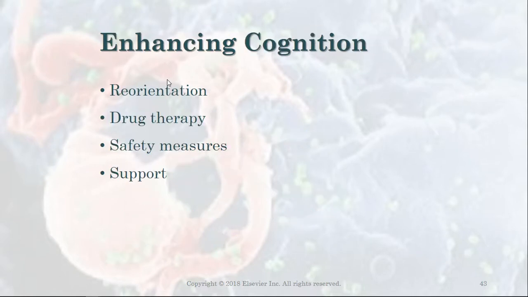To enhance their cognition, we want to reorient them to where they are and what's going on: person, place, time. We want to provide them drug therapy with antidepressants and psychotropics and anxiolytics if necessary. We want to provide safety measures, assist them with their ADLs, and if they are a fall risk, we want to provide fall precautions as well as seizure precautions.